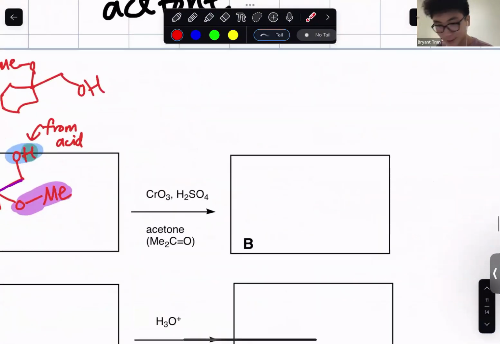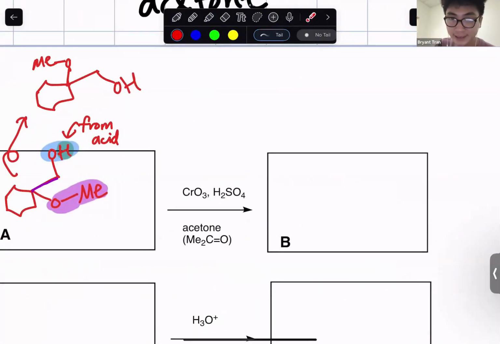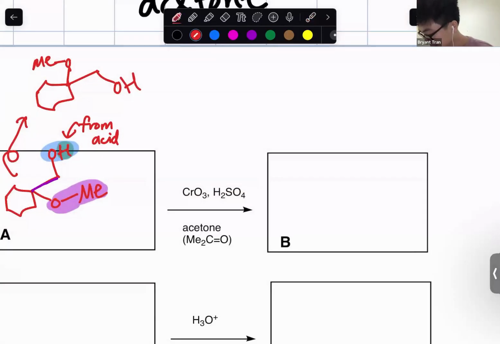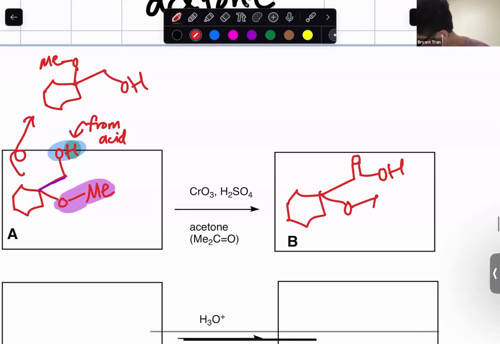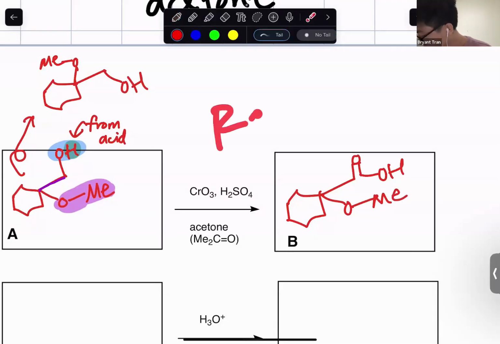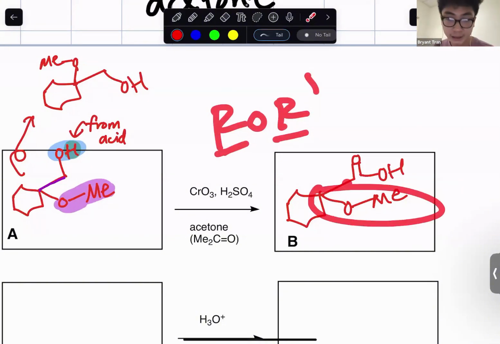Yes, correct. So the answer for this would be like this. Copy and paste everything else, and turn the primary alcohol into a carboxylic acid. The ether here, meaning there's an oxygen in between 2 R groups, stays stationary. Nothing happens to that ether.